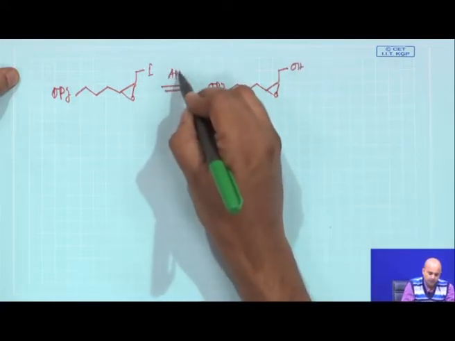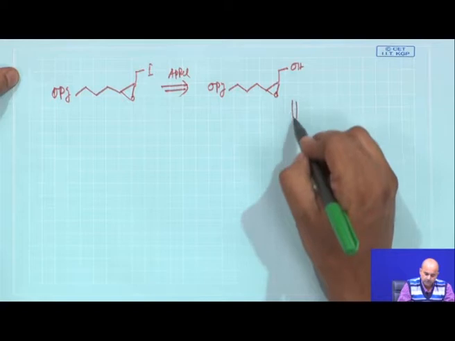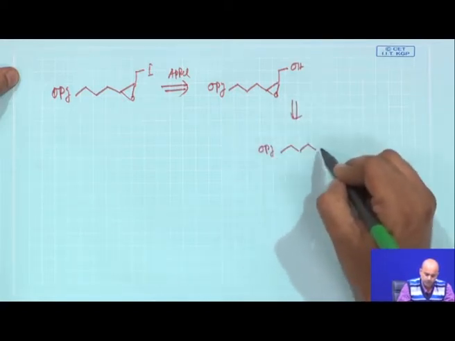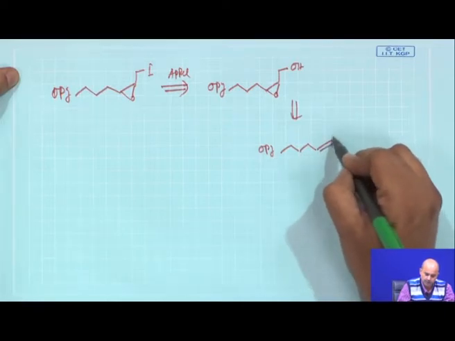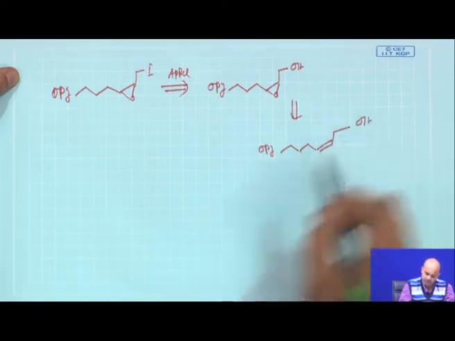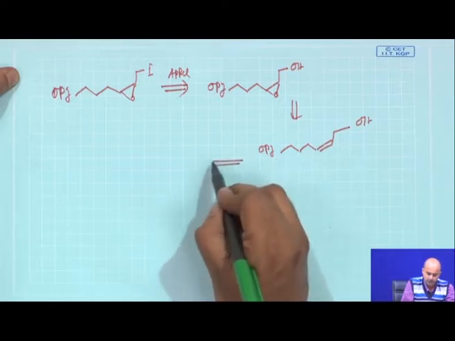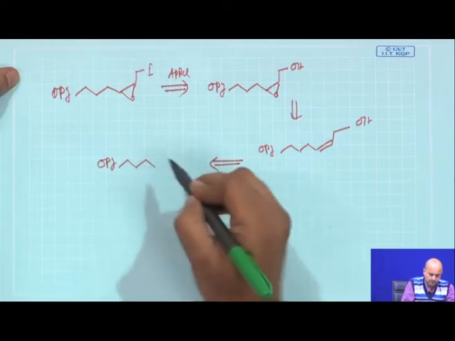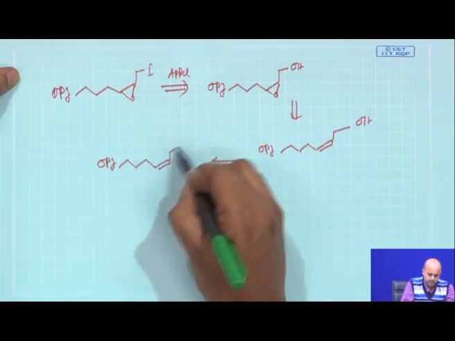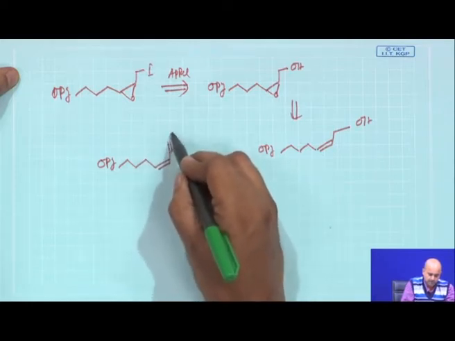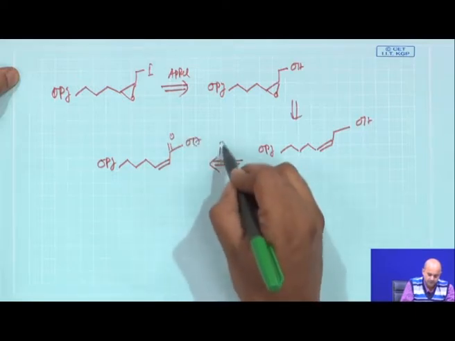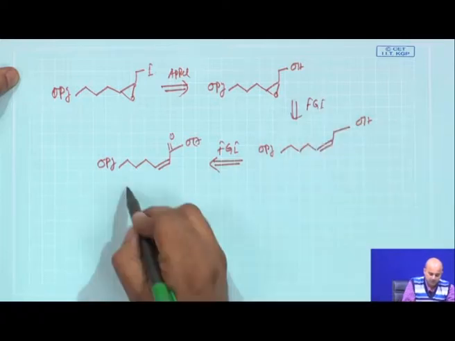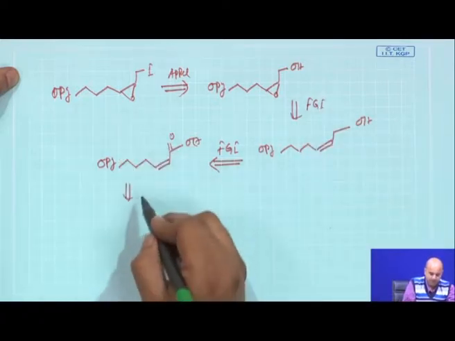This epoxy compound you can make if you have a suitable allylic alcohol, right. Now, this allylic alcohol we prepared just now, if you have the corresponding ester, through a DIBAL mediated FGI. So, this is also an FGI. Now, see, for this one we just need 1,5-pentanediol.